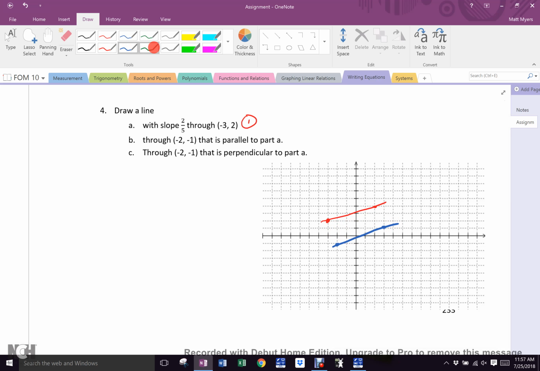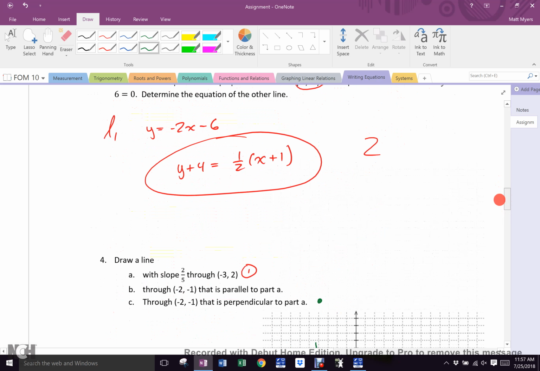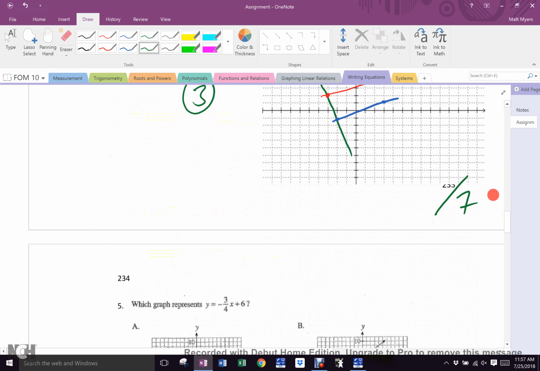And through the same point, that's perpendicular. So that means I have to go up 5 over 2. It's got to go through that way. That's what it should look like, for 3 marks there. Making that page out of 2, 4, and 3 is 7.